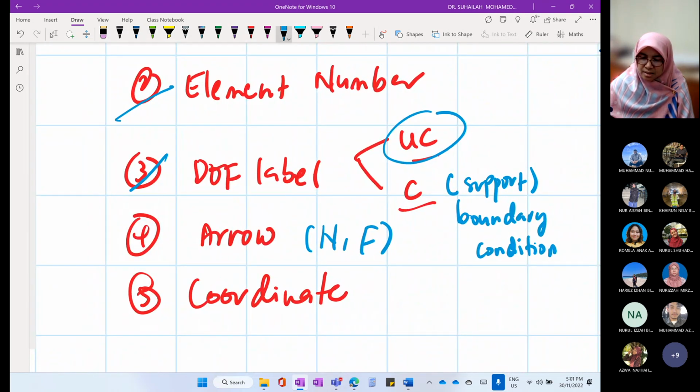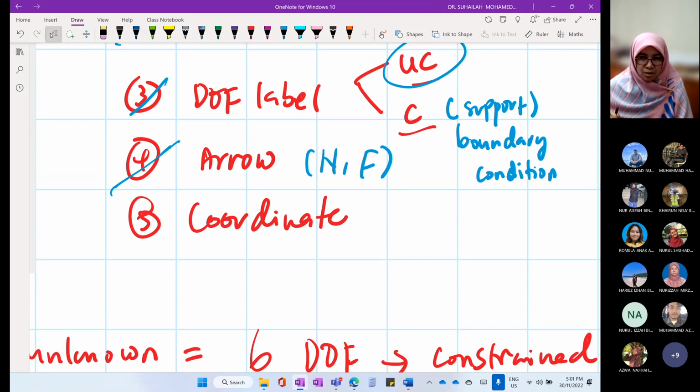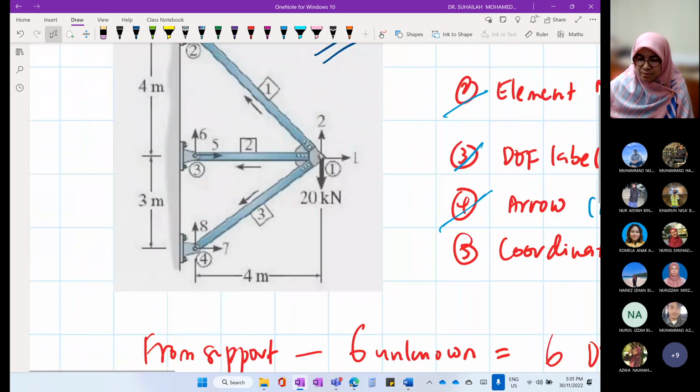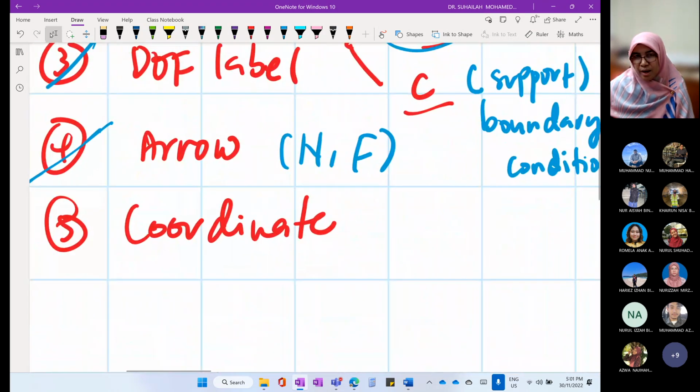Okay, next is the coordinates. We have to label X and Y, and we will use these coordinates whenever we calculate Cx and Cy, or lambda x and lambda y.